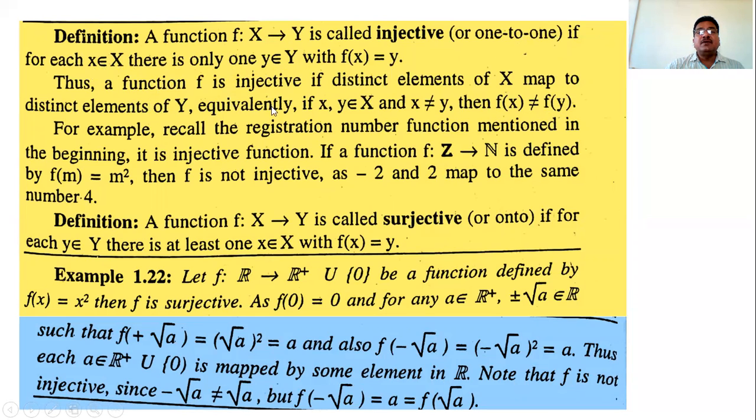Or in another word, we say the function is injective if x and y are two elements of this domain, and if x and y are not equal, then f(x) is not equal to f(y).